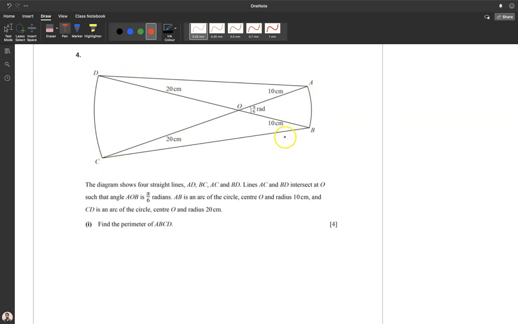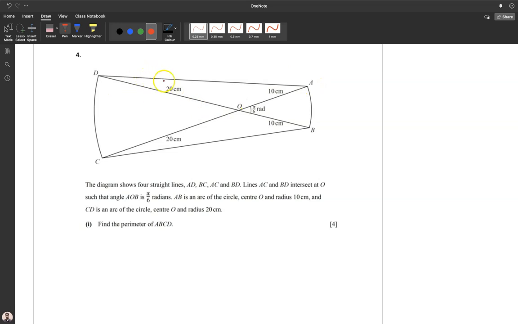Now a couple of things to really look at is that AD here is something that we need to find, and CB here is also something that we need to find. You find either one is good. I'm just going to stick with AD. The first thing that I need to understand is that this is not a right angle triangle.